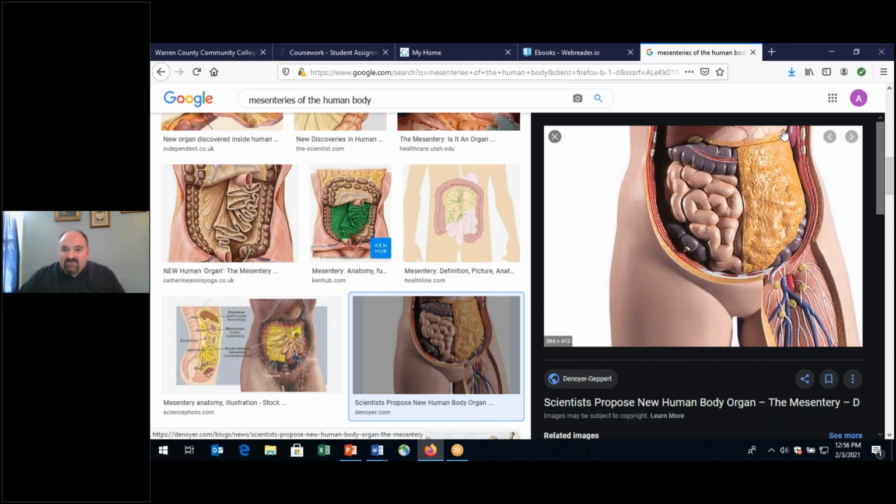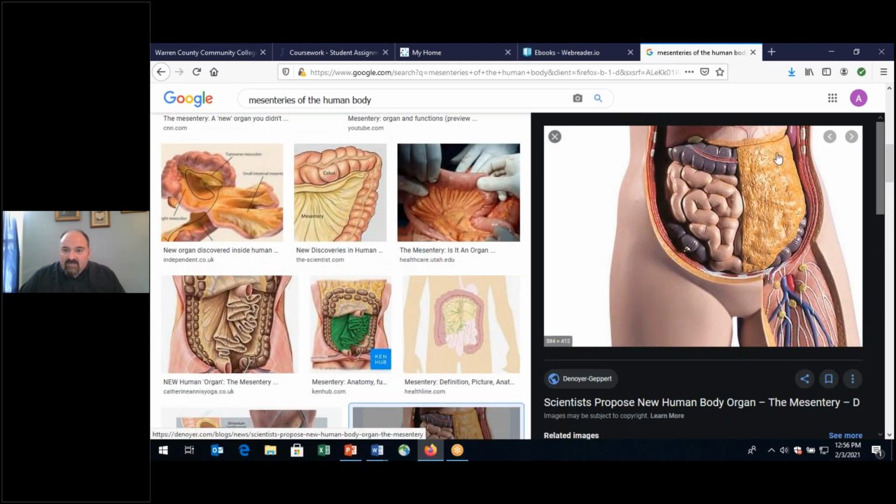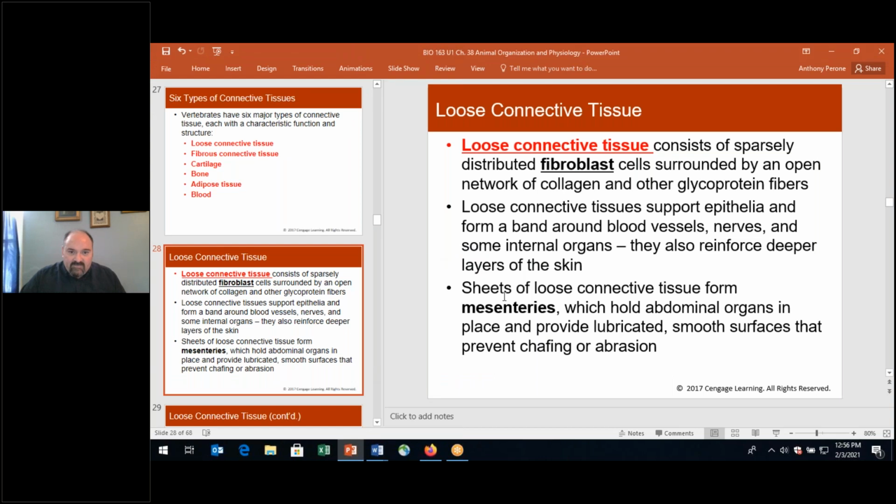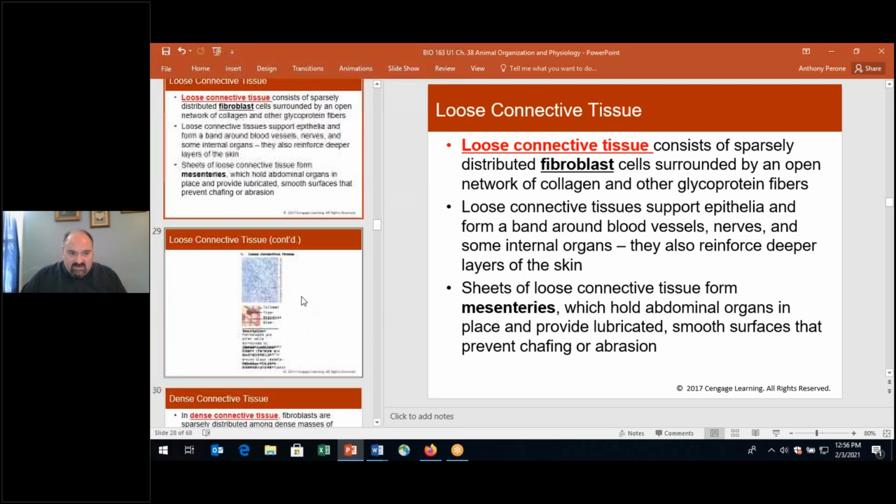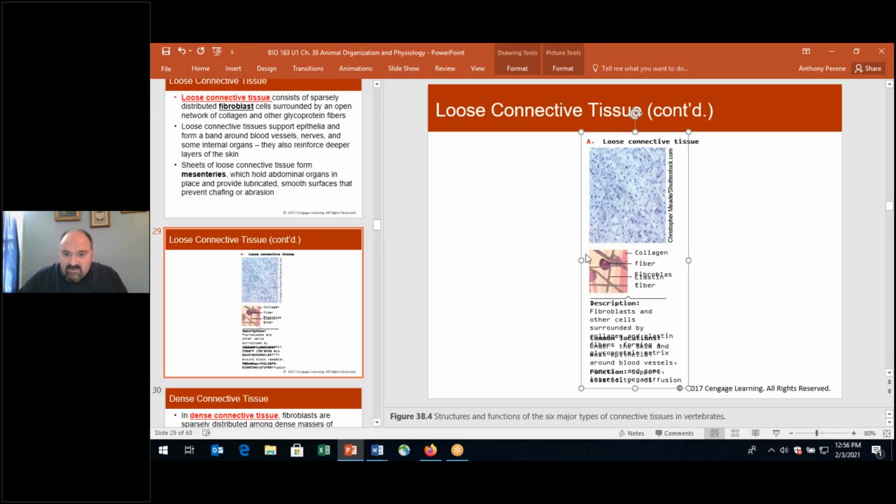And it's really coming from the inferior border of the stomach and such, and this mesentery contains adipose tissue in addition to this loose areolar connective tissue, right? Let's go to the next slide here.